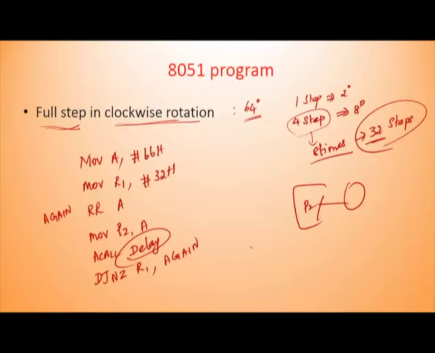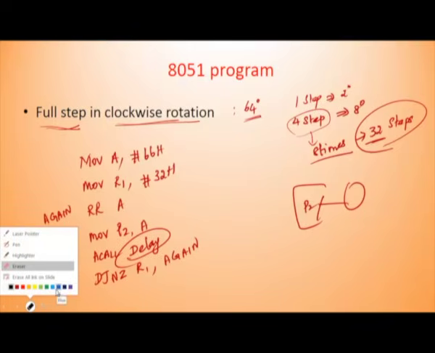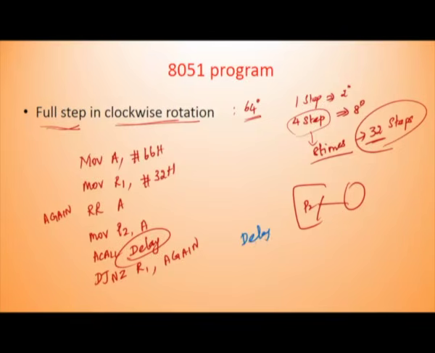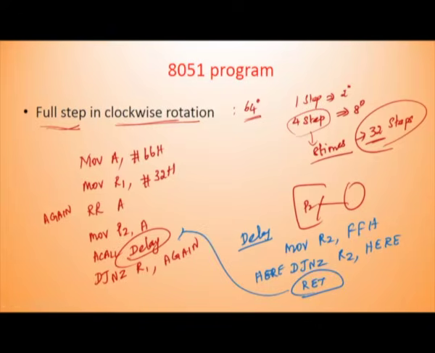For the delay you can initialize any one of the maximum values. For the delay program you can initialize move R2 comma FFH. Then decrement and jump if not equal to 0 of R2 to continue the process. Then you have to give the return instruction, which is very important to return back to the main program.